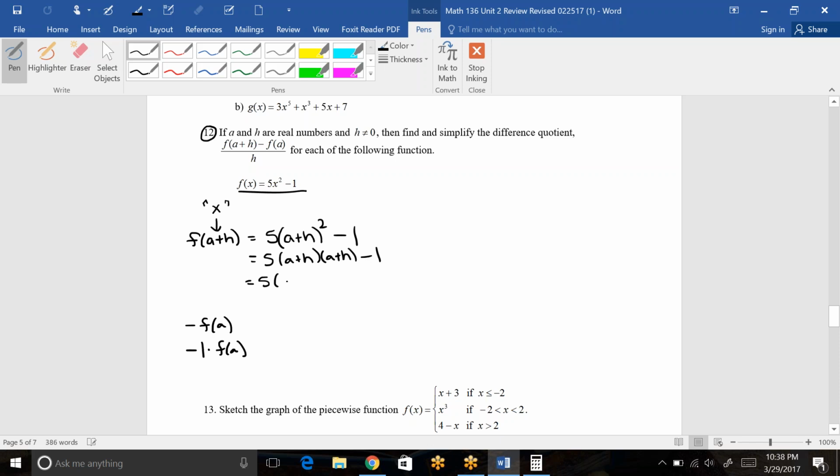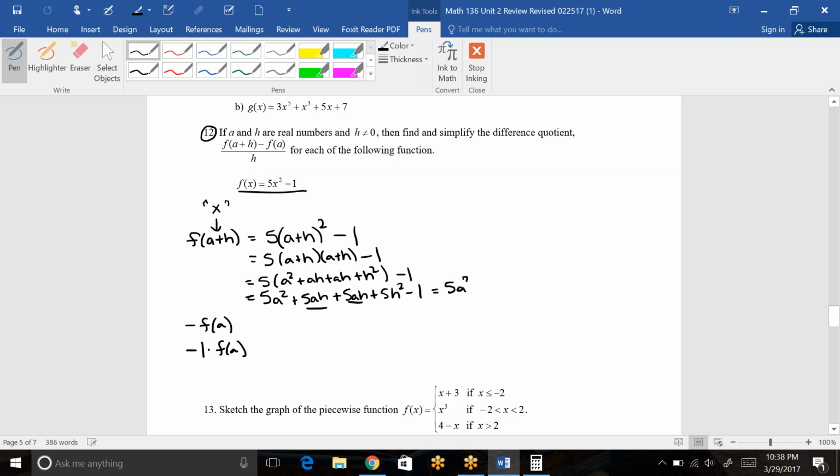So that would be a squared plus ah plus another ah, and h times h would be h squared. I would distribute my 5. And then I do have two like terms I can add together.